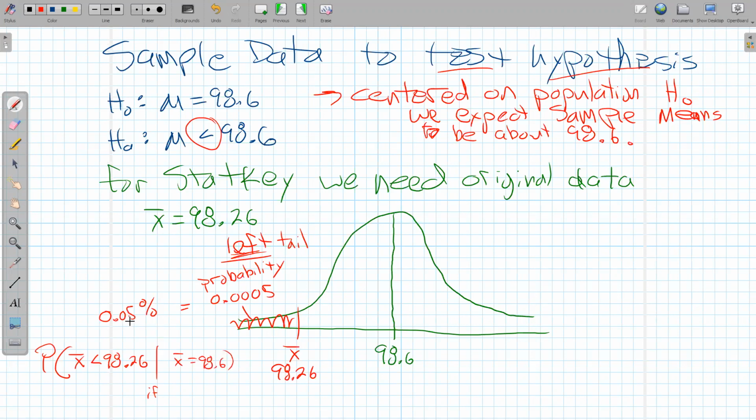And we find that probability to be wicked small. So this is wicked unlikely. Sorry, I should say extremely.